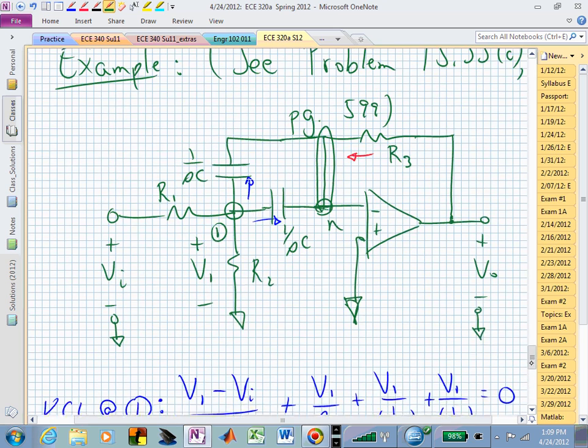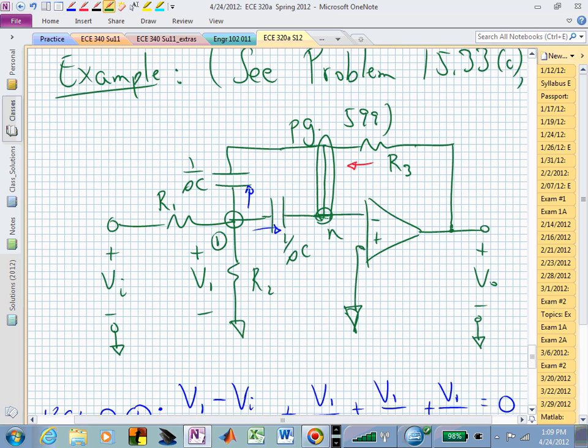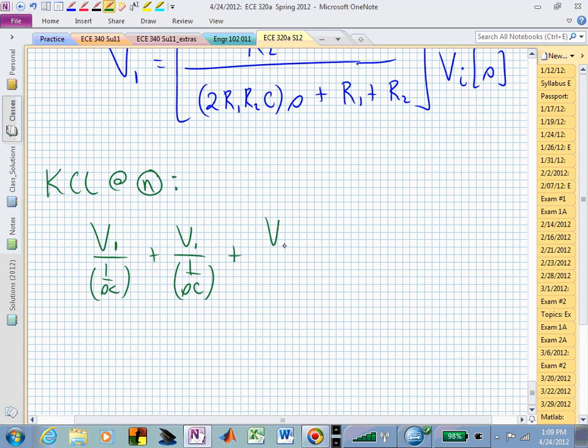And we have our red current coming in from the right, and that's now V naught over R sub 3, from V naught to ground. So we now have V naught over R sub 3 is equal to 0. If we now solve this for V naught, we end up with minus 2 R sub 3 C times S V1. That's our relationship between V1 and V naught.